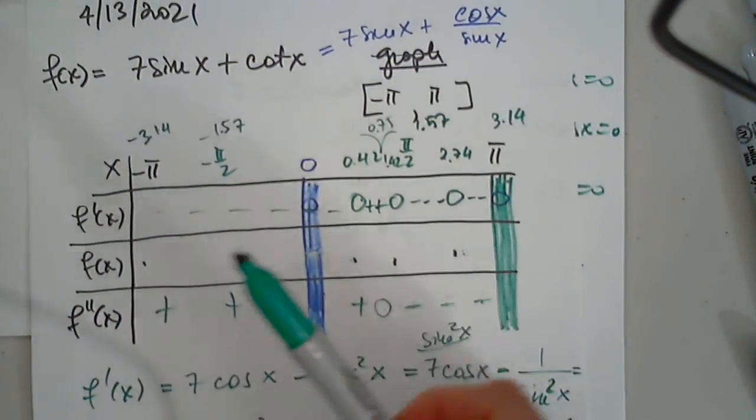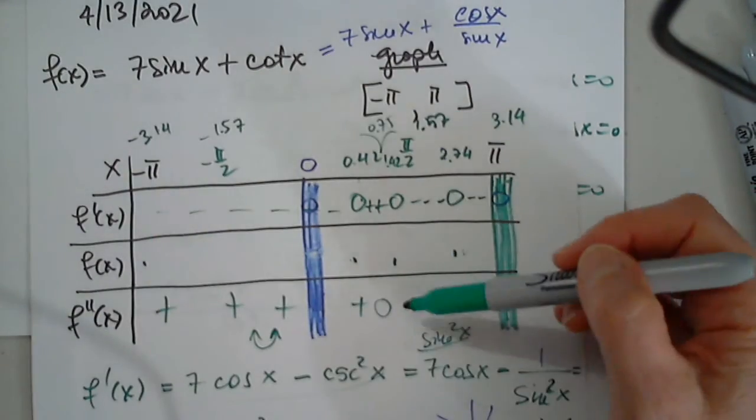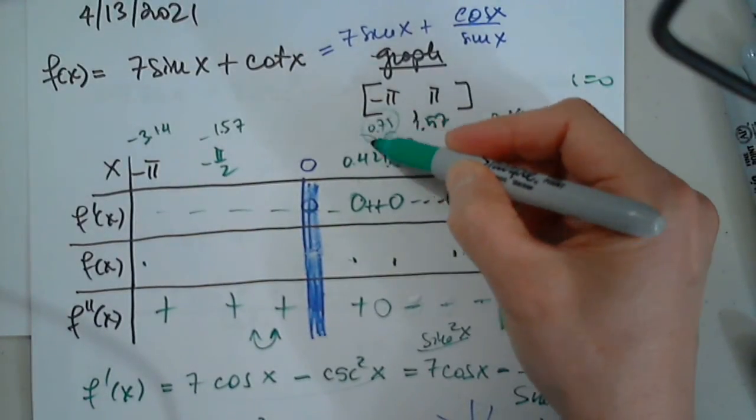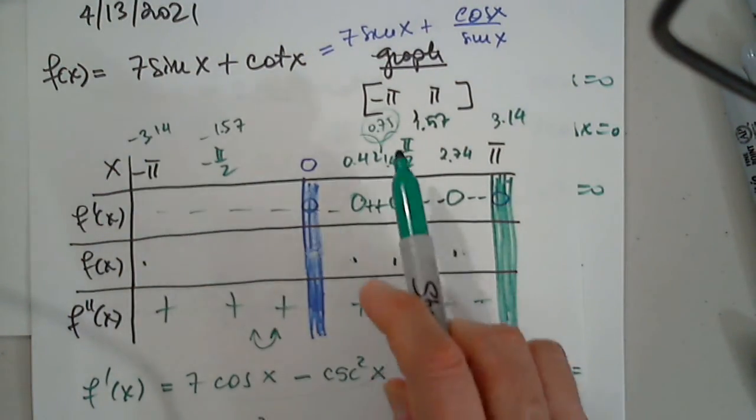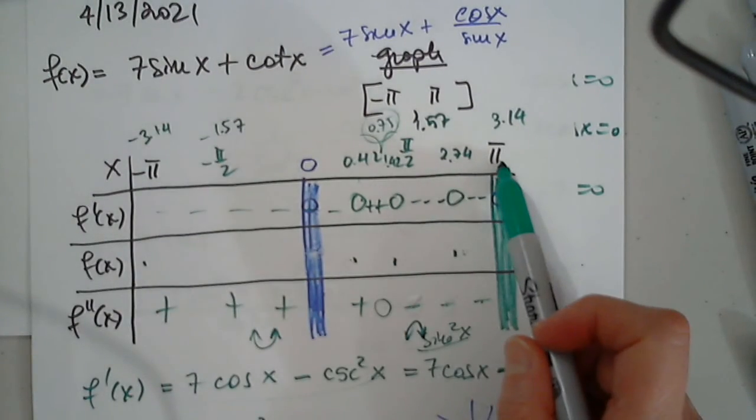So the function is concave up between negative pi and 0.75, and it's concave down between 0.75 and pi.